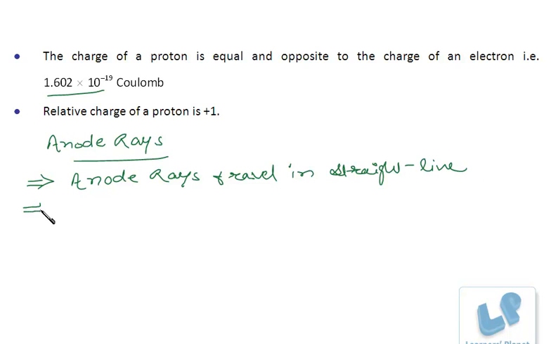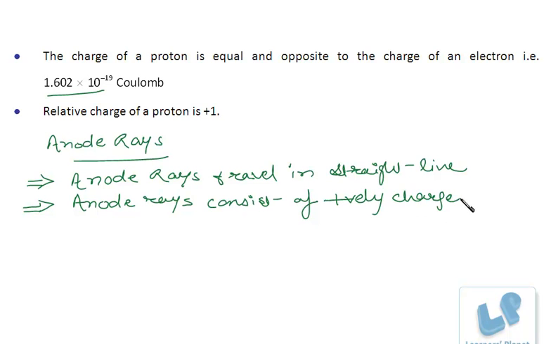Cathode rays are composed of small negatively charged particles, whereas the anode rays consist of positively charged particles, and what are they known as? Protons.